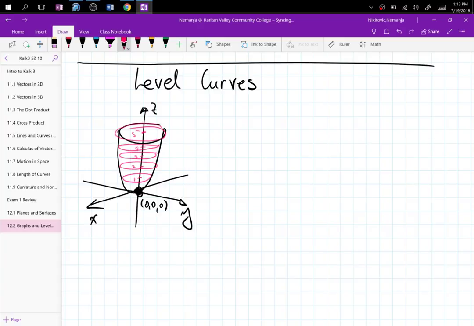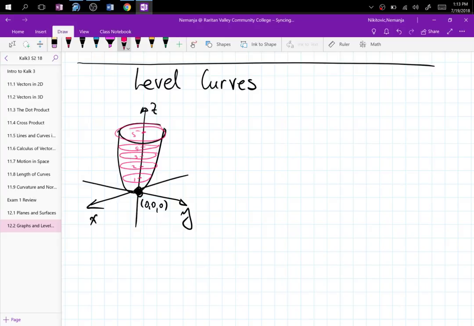So when you look at these, we cut this function, which could be an object again, because that's what we are dealing with. We have objects. When you cut it with parallel planes, which are all z equals constant planes, parallel to the xy-plane, you are getting some kind of 2D functions.